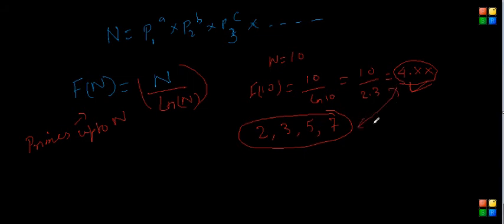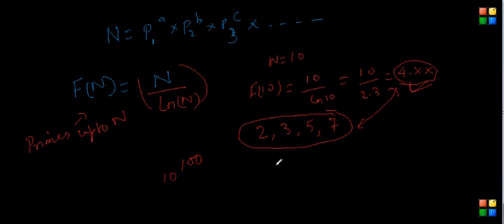So this is almost in sync with what we established, but this is for a very small number, 10. If I took a very large number, let's say 10 to the power 100 or even more, this value of f of n will become even more accurate. As the value of n goes on increasing, the value of f of n almost becomes equal to the number of primes up to that number.